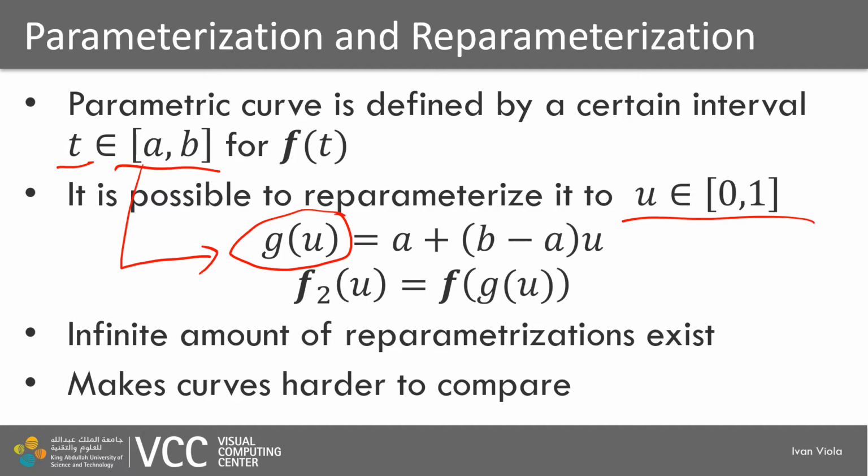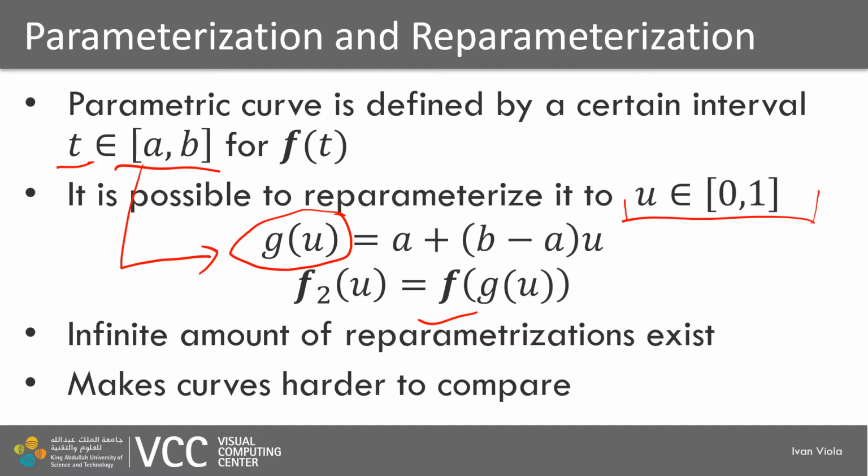Now, if we put this parameterization, this u is then varying between 0 and 1, and you can see that it will generate us the actual t value, which will then be used for the evaluation of the function f.